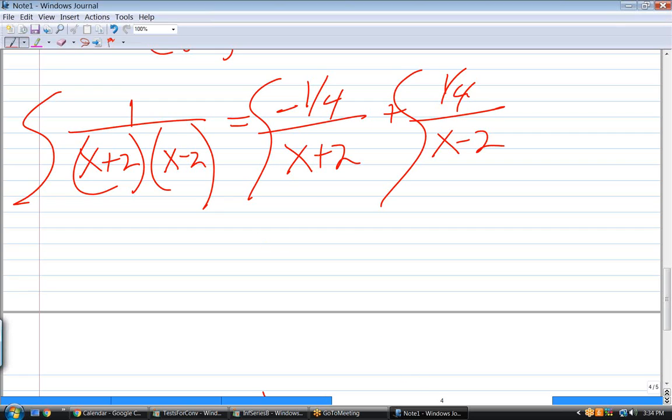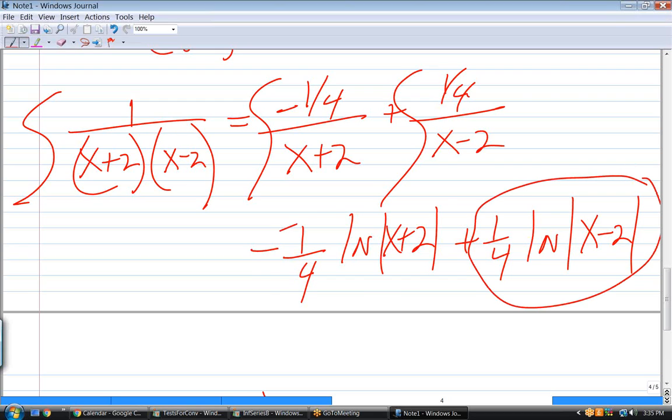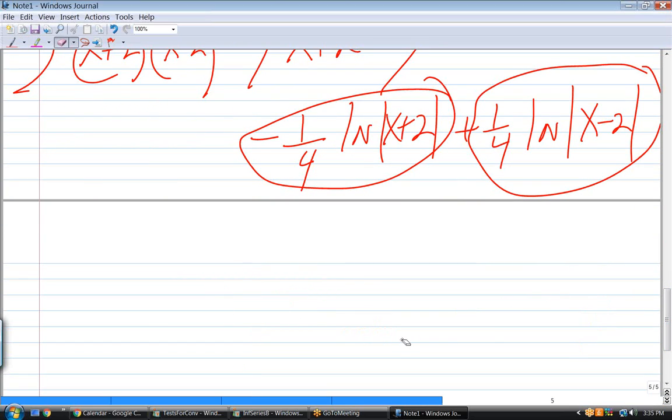This left integral is minus, I can take the minus 1/4 out. What's left over? Natural log of x plus 2. On the right side, I can take the 1/4 out. I get natural log of x minus 2. And now because I have the difference, this minus that, I'm going to turn it into one log function only, and I'm going to factor out the 1/4.